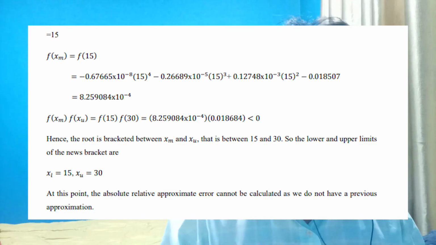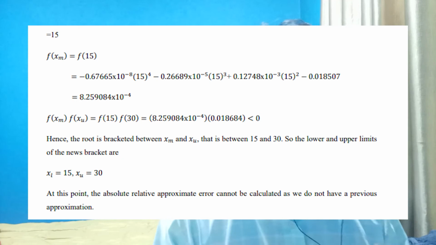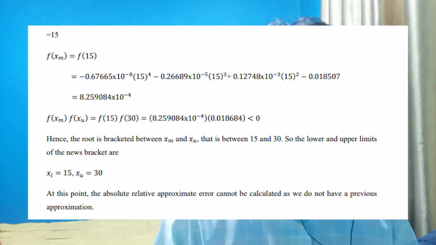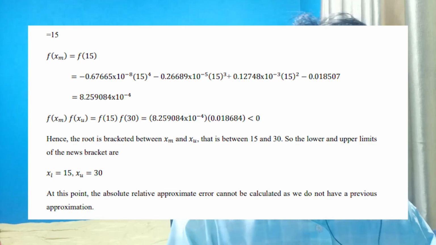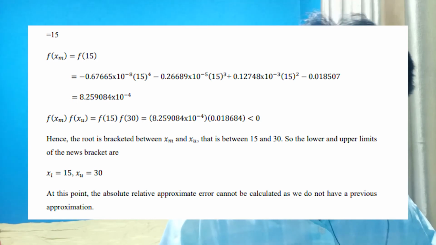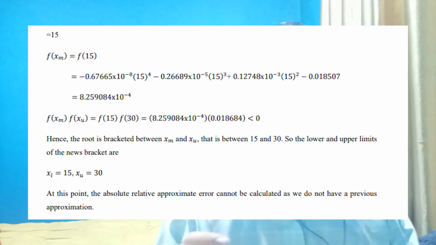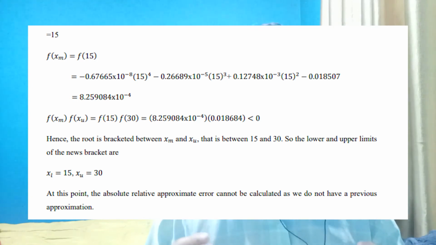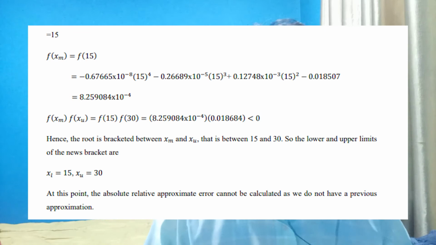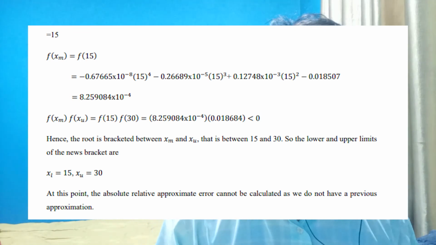Hence, the root is bracketed between xm and xu, that is between 15 and 30. So the lower and upper limits of the new bracket are xl equals to 15 and xu equals to 30. And at this point, the absolute relative approximate error cannot be calculated as we do not have the previous approximation.